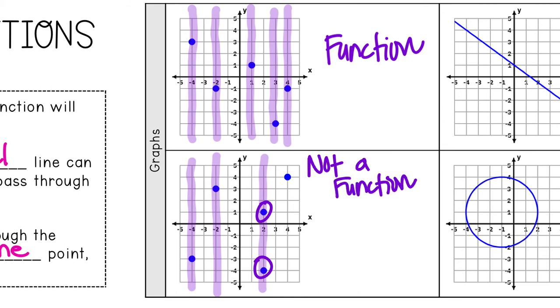So it failed the vertical line test at x equals 2. So in other words, x equals 2 has two different y's. Let's say it fails. Instead of writing vertical line test, I'm going to put VLT at x equals 2.